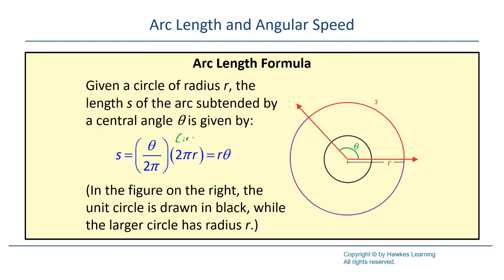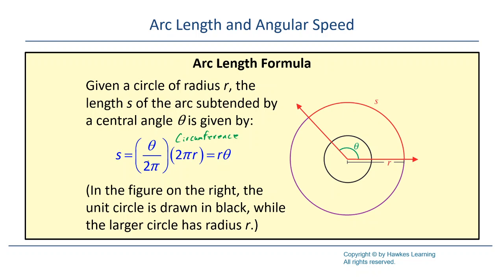This is the circumference. That 2 pi r. So theta over 2 pi is actually just like what fraction of the circle are you looking at?